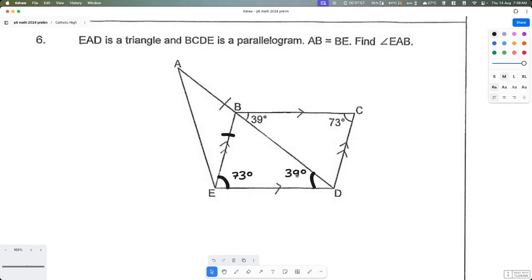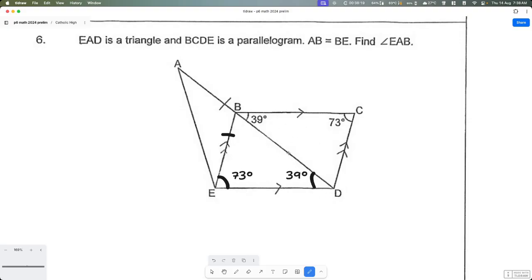Basically, if you see a zigzag like this, that means opposite angles are in a way the same. You can get the angles and they will still be the same.